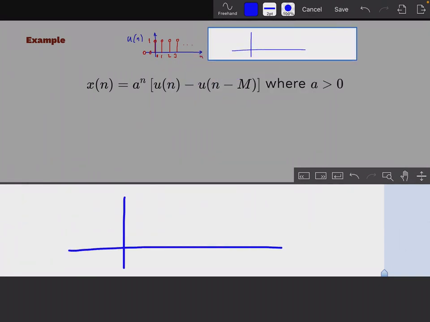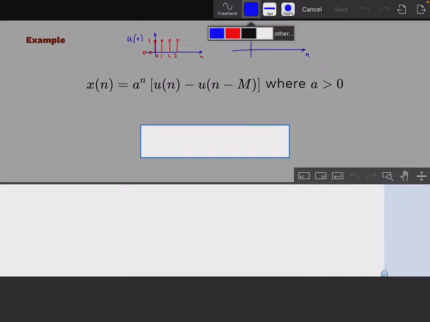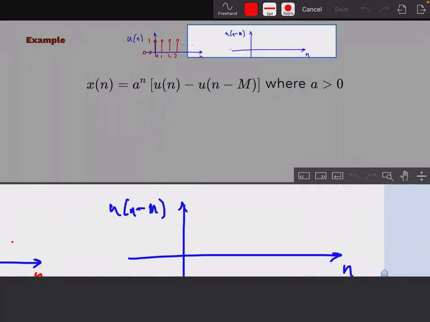So we may remember from last week that if we shift our signal by m samples, it's going to start later, right? So this is n as well. So let's just see how we represent it.